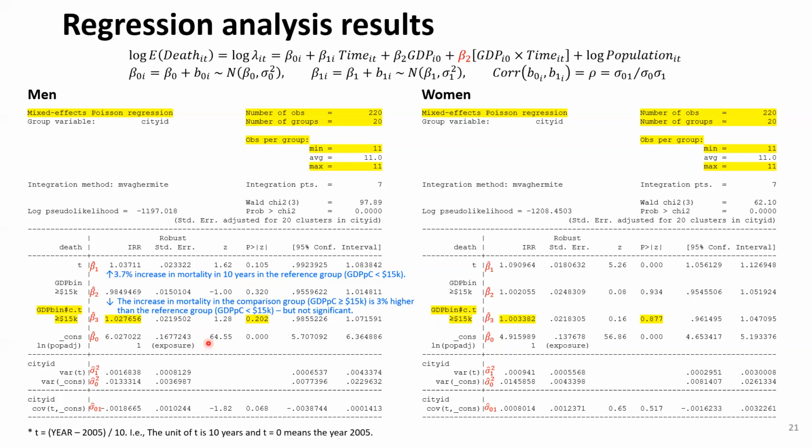Maybe better not to include it sometimes, because by including interaction terms, interpretation of coefficients becomes difficult. Here we can see the reference group, so we cannot read the coefficient in a simple manner.